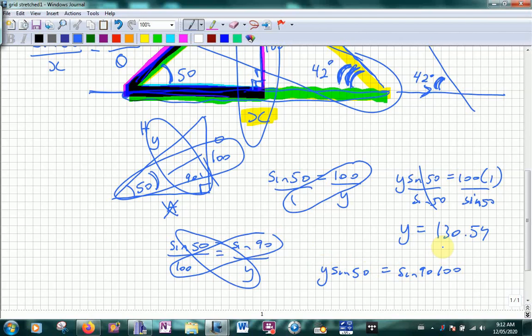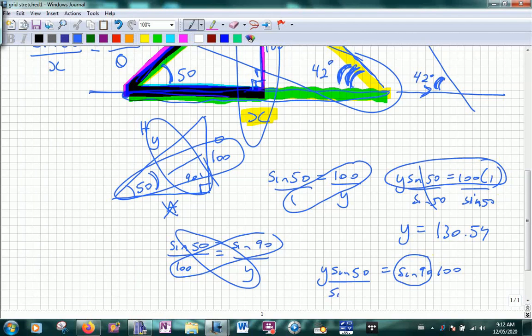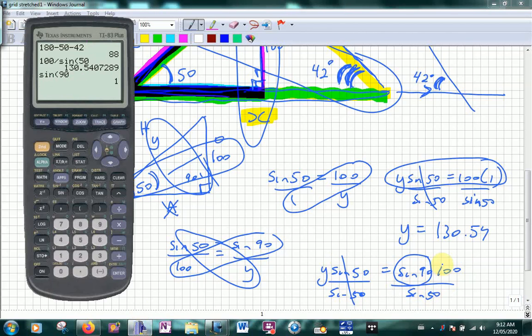And you guys don't know this, but that is exactly what I have right here, because you know what the sine of 90 is? 1. That's exactly what this says, 1 times 100. So do the same thing, you don't need to know that, but if you're curious. y is sine 90, 1 times 100, and of course I'm going to get the same thing, divided by sine 50. So even if you forget your SOHCAHTOA, you can still use sine law, okay?